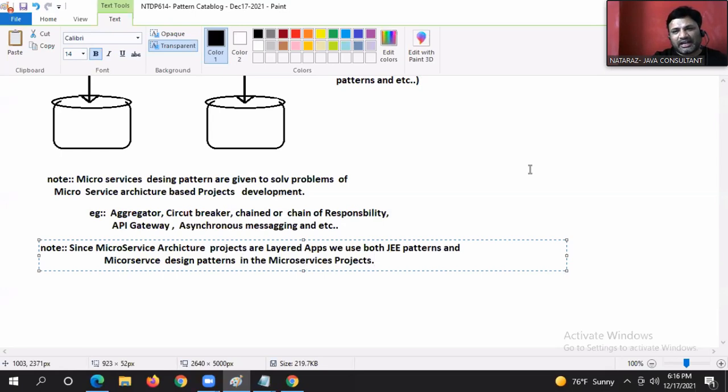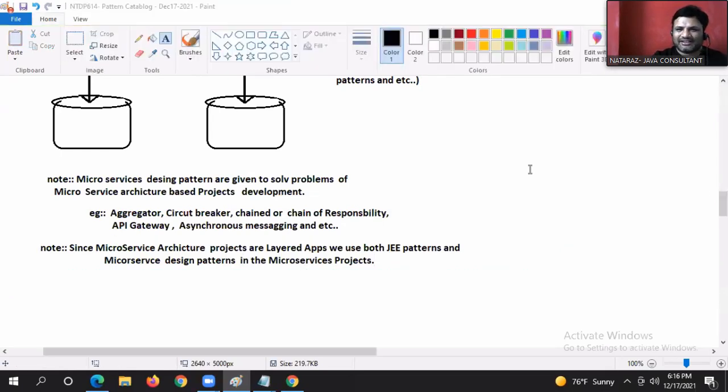Understanding my statement, guys? Got the point? I think you are understanding the statement. I hope you got the clarity.